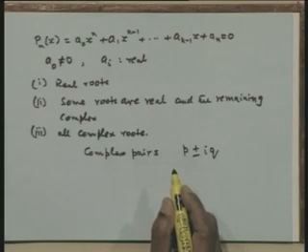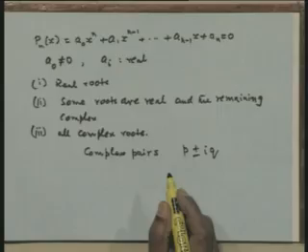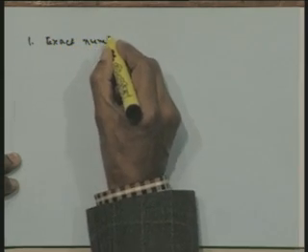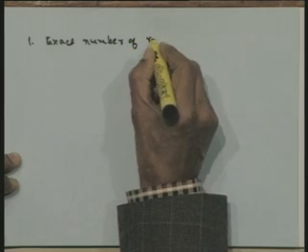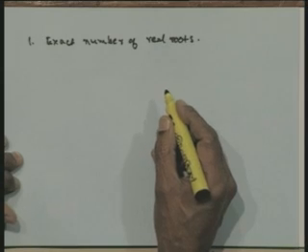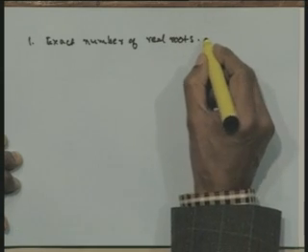Now in the case of a polynomial equation, it will be useful for us to know some information about the polynomial. What we mean is, what is the exact number of roots that this polynomial equation has got, and how many complex roots it may have. The important information that we would be interested in is the exact number of real roots, how many of them there are, and along with their multiplicity.